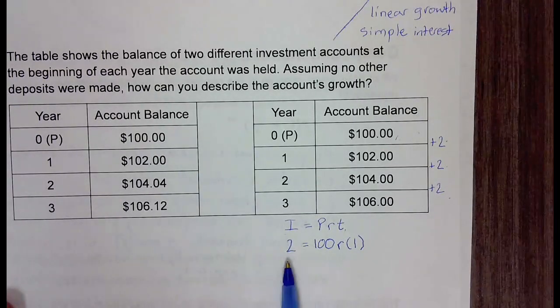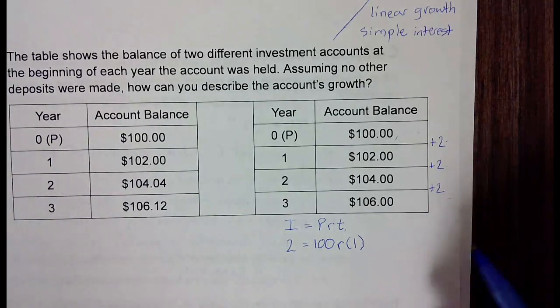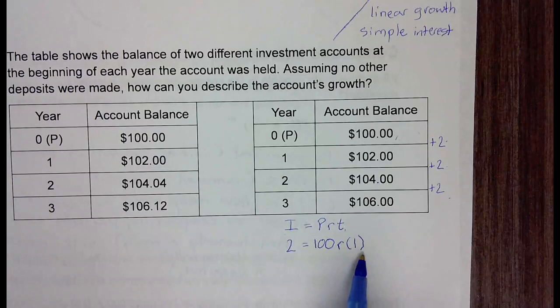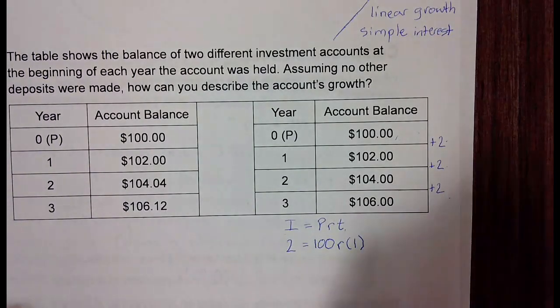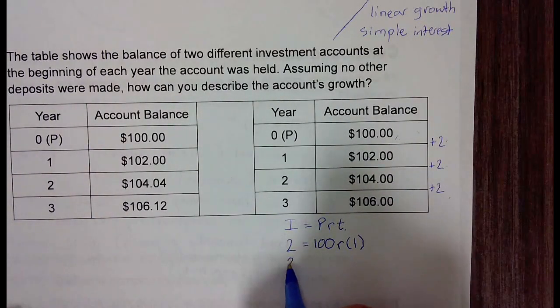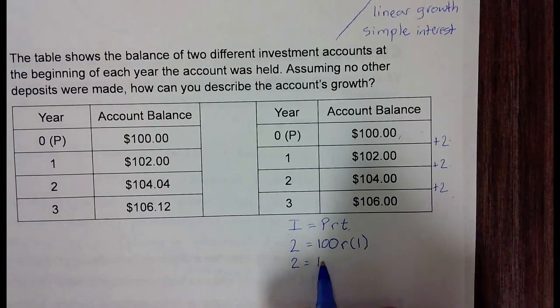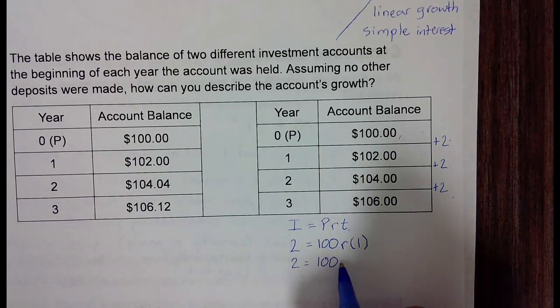So here I have interest equals principal times rate times time. Here, on this side of the equation, I can multiply this by 1. When I multiply anything by 1, it doesn't change what I have, it stays itself. So I'm going to rewrite this equation. 2 equals 100 times r.